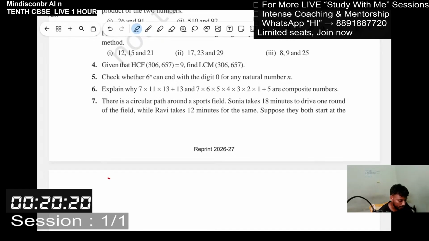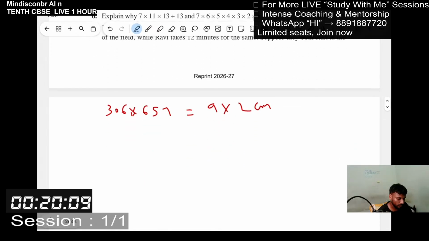So we can say that 306 into 657 equals HCF, which is 9, into LCM. So bringing 9 to the other side, 306 into 657 by 9 is equal to LCM.